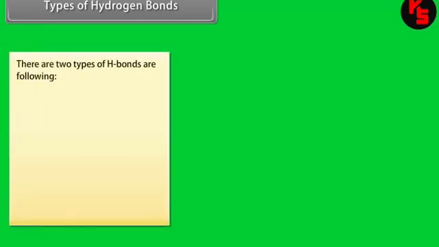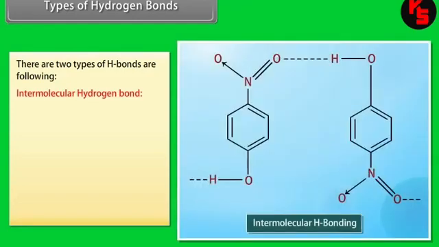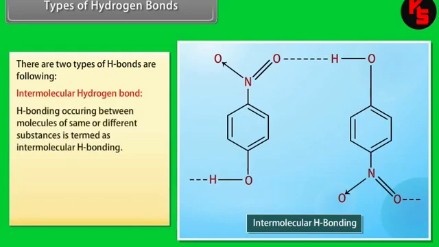Types of hydrogen bonds. There are two types of hydrogen bonds as following. Intermolecular hydrogen bond. Hydrogen bonding occurring between molecules of the same or different substances is termed as intermolecular hydrogen bonding.